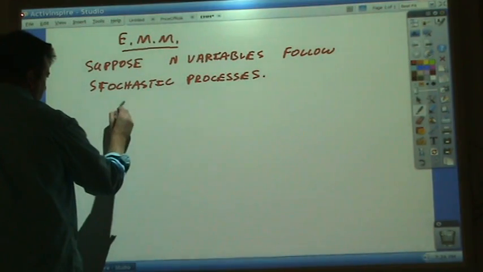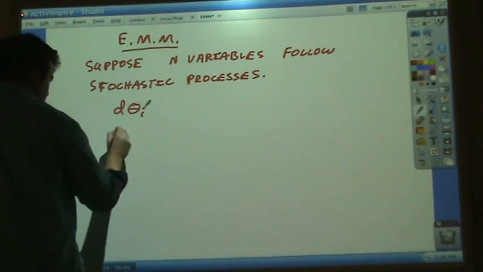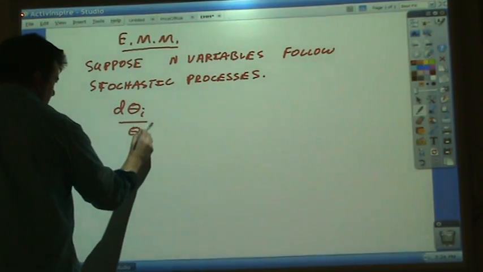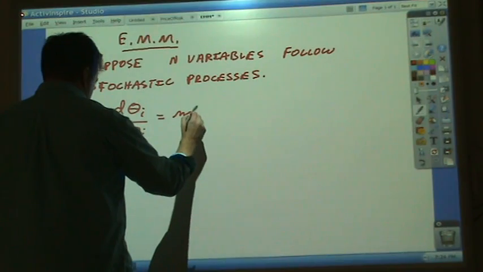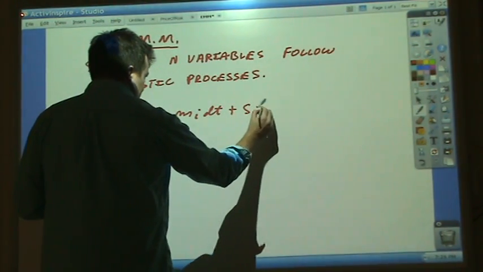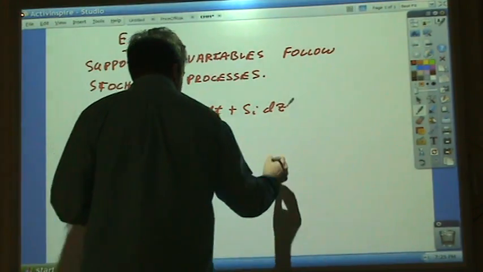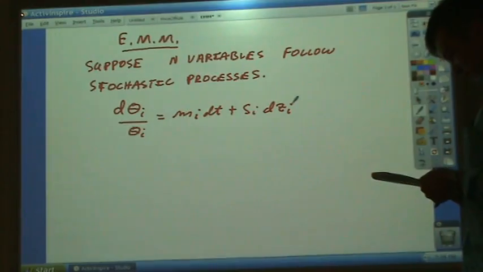Then our formula would look something like, we'll have an index now, theta i, with the drift and the Wiener process term for each i.